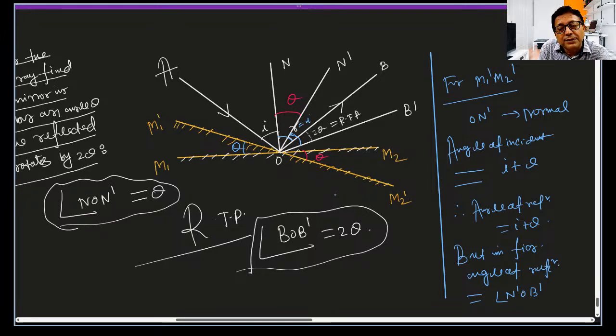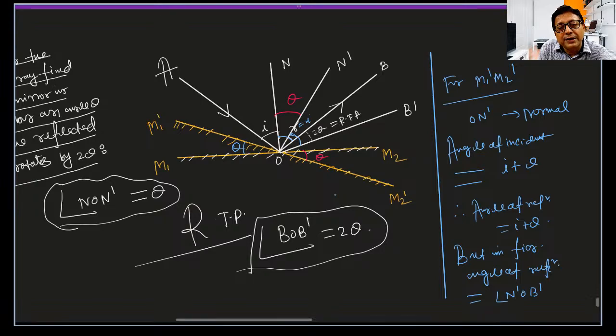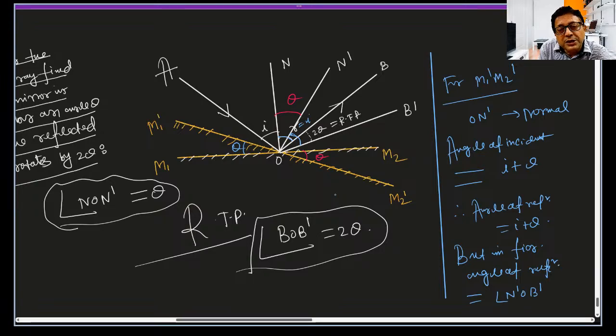Am I clear? So this part is going to be 90 minus theta. Am I correct? N dashed OM2 is going to be 90 minus theta.